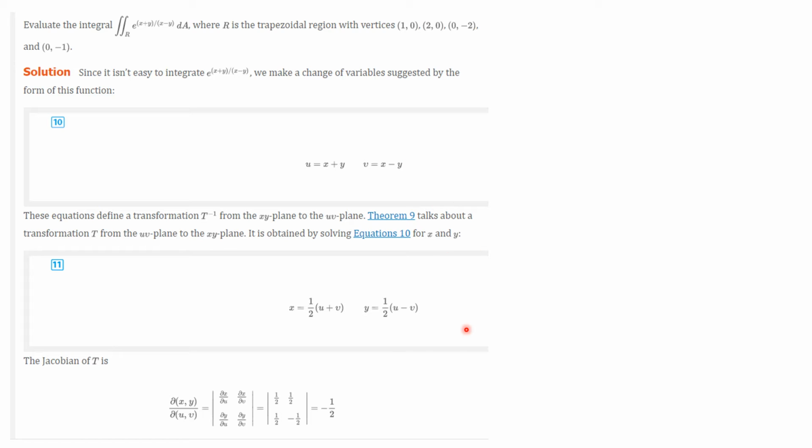You should verify this calculation. And so the Jacobian associated with this is, we take the partials, and here are the equations that we're taking the partials of, and it ends up being a numerical thing, but we get −1/2, and the absolute value of that is going to be 1/2.